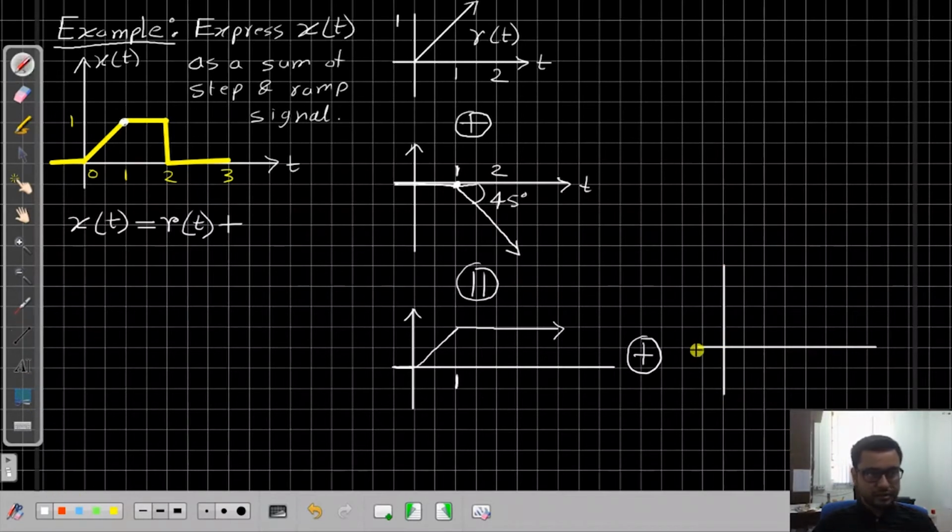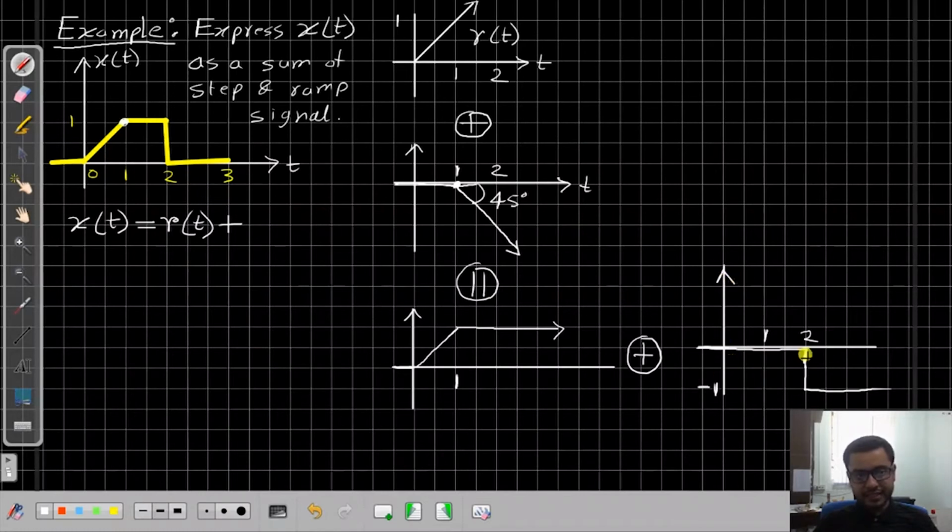It will be 0 from minus infinity up to the point t equal to 2. After this point, it should go down and become equal to minus 1.